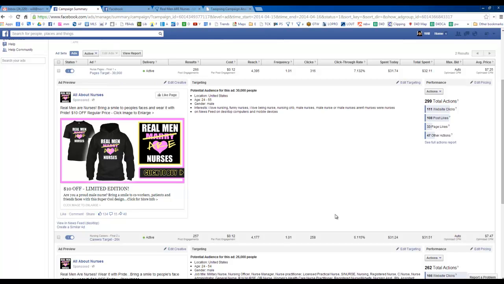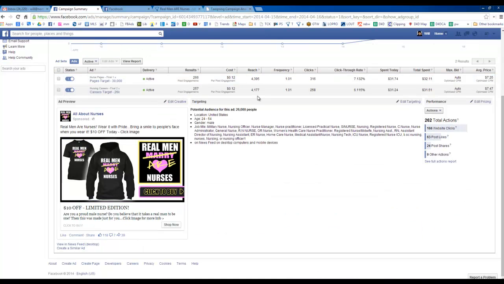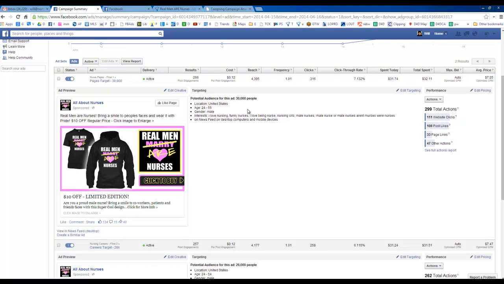But I tell you what, it does make me happy, because here you can see, we're at about 4,300 ad reach for our Facebook page likers. 12 cents per engagement is, again, a little higher than I usually like to see it. I usually like to have it around no more than 7 to 9 cents per cost per engagement.